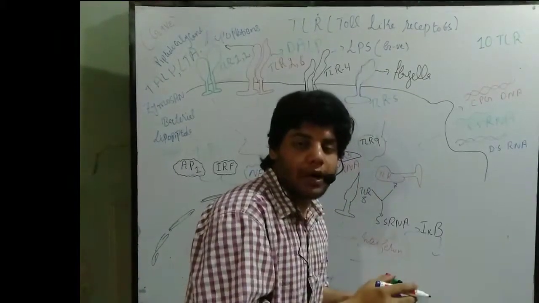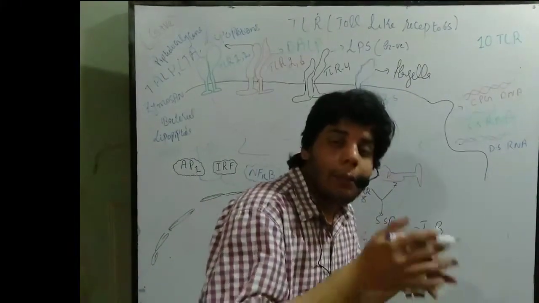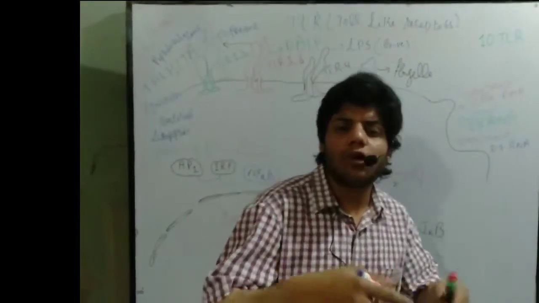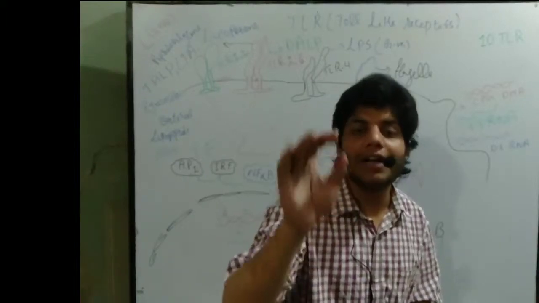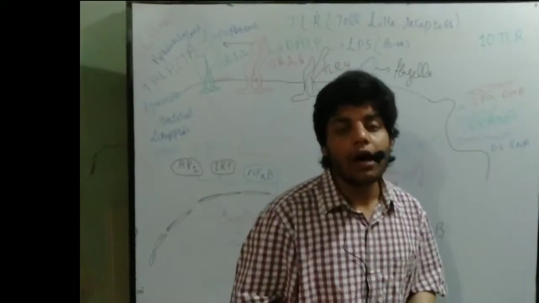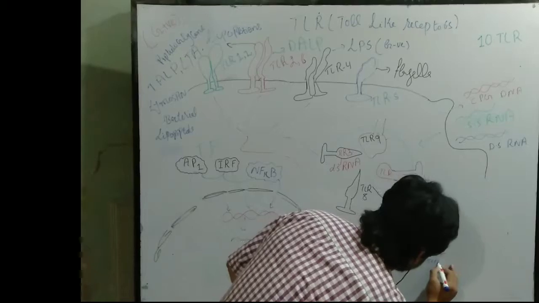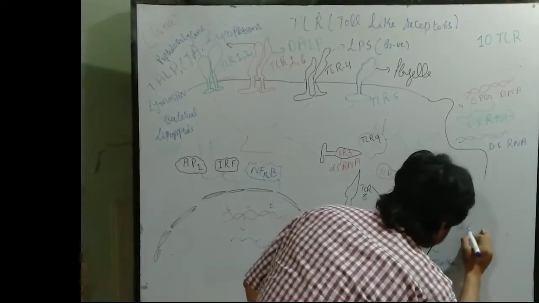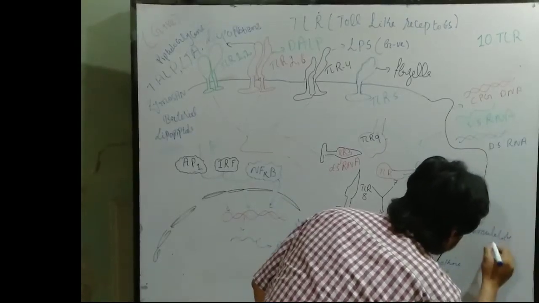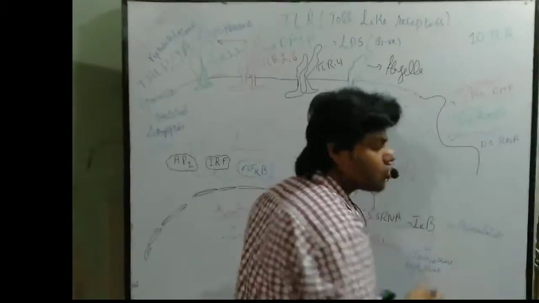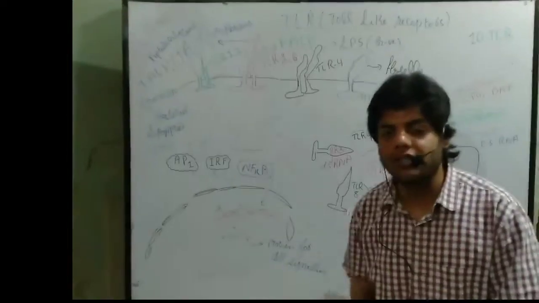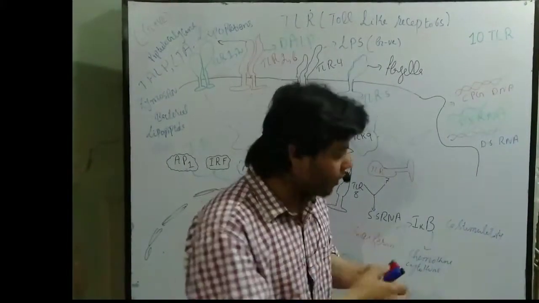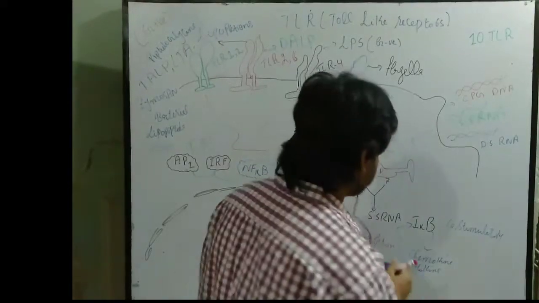Chemokines, cytokines and co-stimulatory molecules are activated. Once these molecules are secreted, they will call upon some other cells, and after that the adaptive immunity is activated.